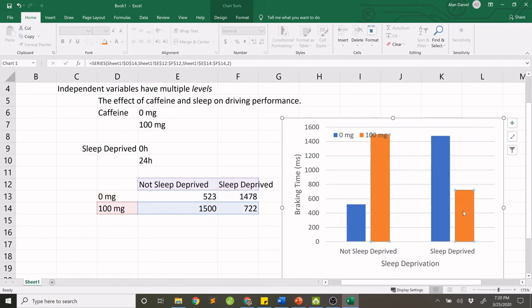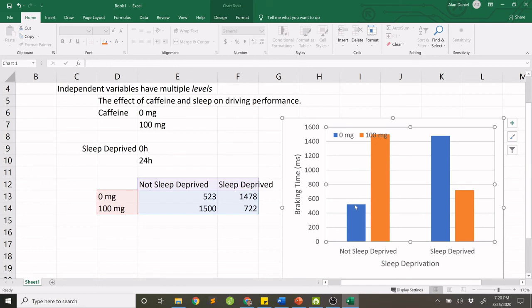But if I give you the caffeine, you improve. So if you look at the two bars without caffeine, you have an increase in performance. And if you look at the two bars with caffeine, you get a decrease in performance with the more caffeine. So what is the effect of caffeine?